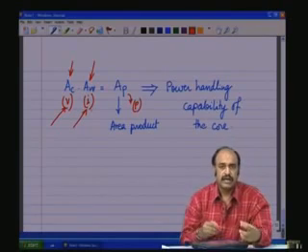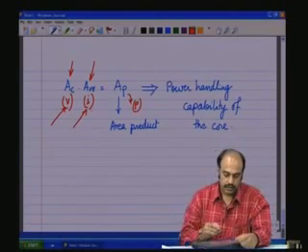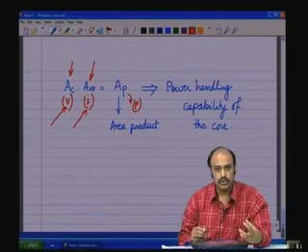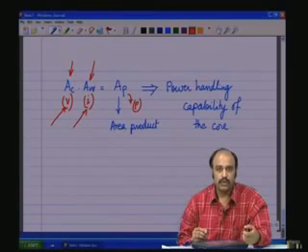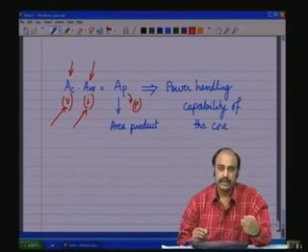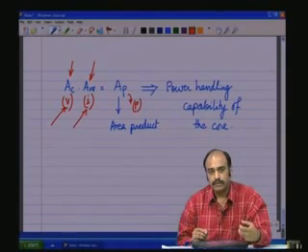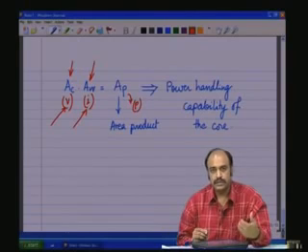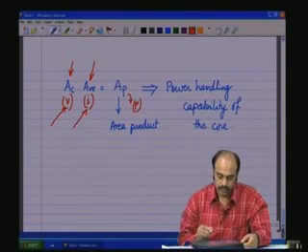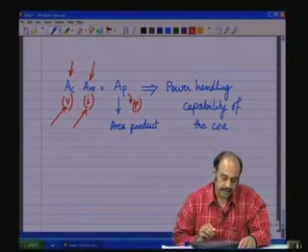V and I are calculated from the electrical circuit, and by this mapping one can choose what should be the size of the core for a given power handling capability, for a given power that has to be passed from the primary to the secondary. The sizes of the core will be decided.